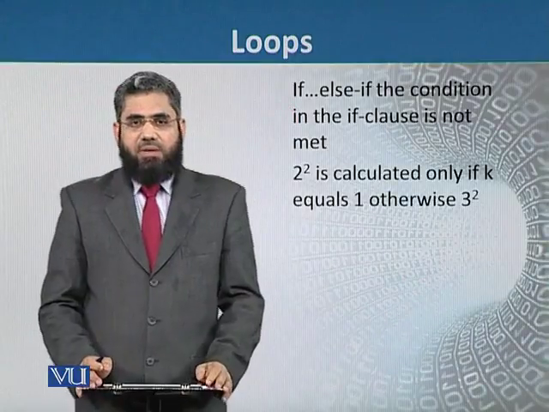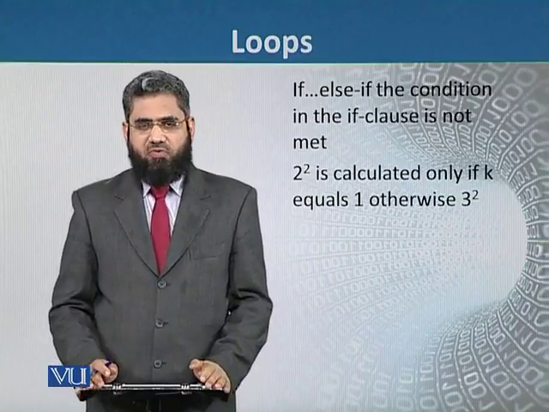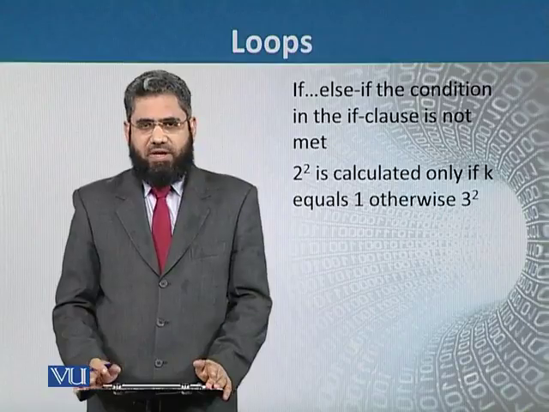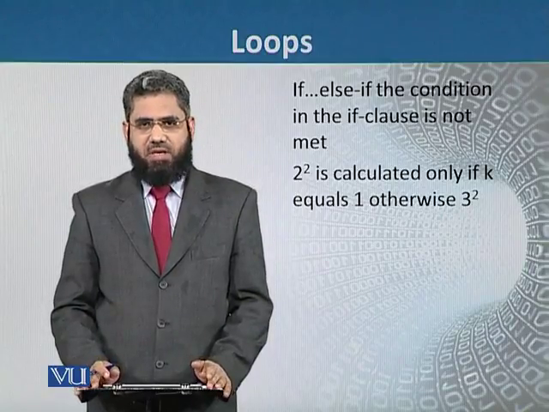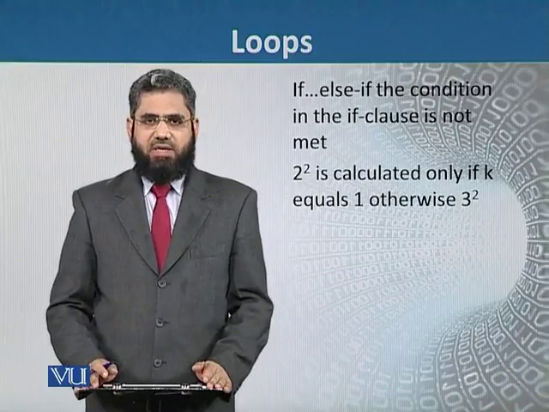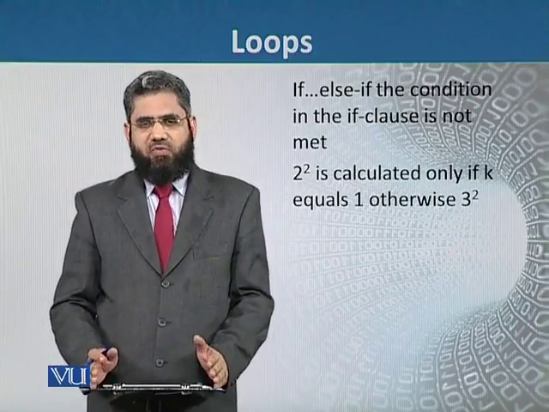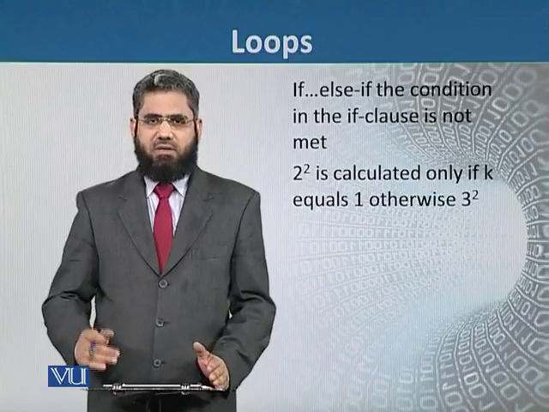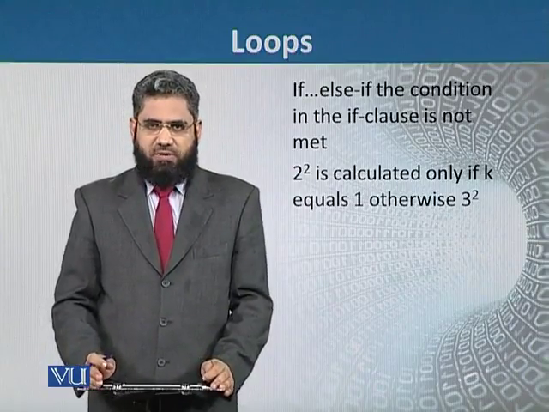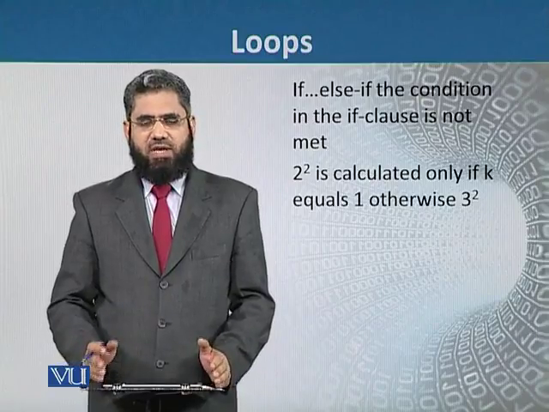Sometimes we need another type of execution. We have seen the for loop and the if loop, and the third type is the if else loop. Sometimes there is a condition that if k is equal to 1, then it should proceed further, and if k is not equal to 1, then it should not.